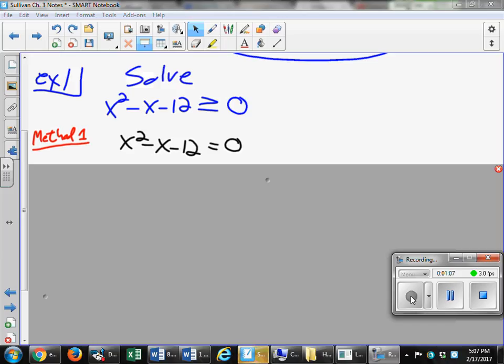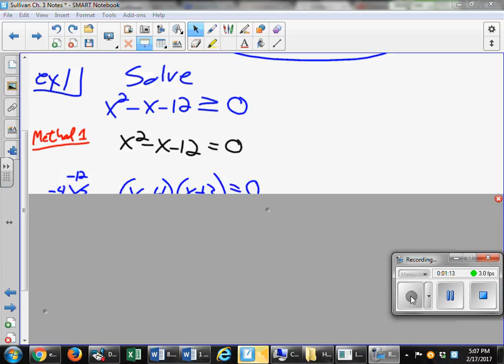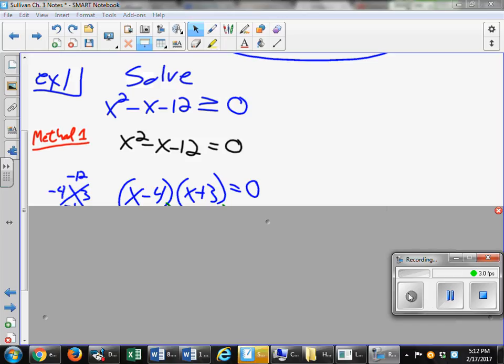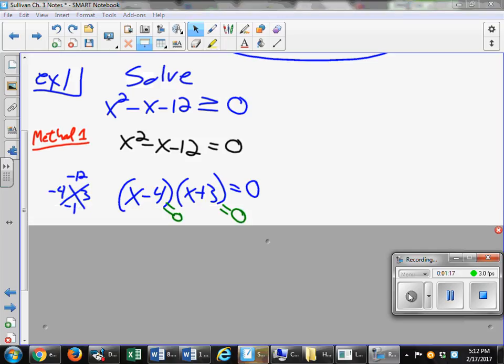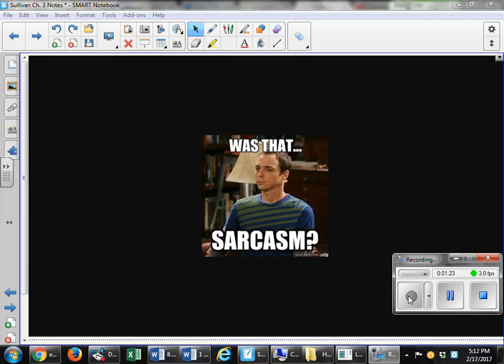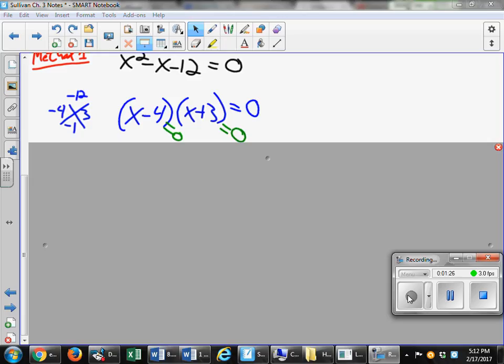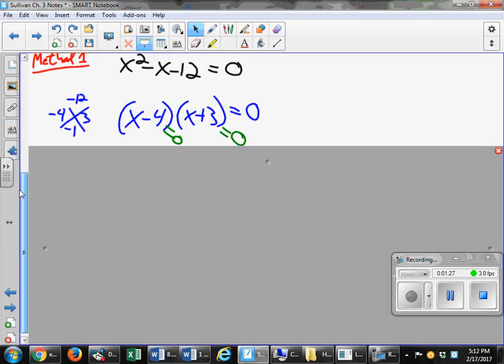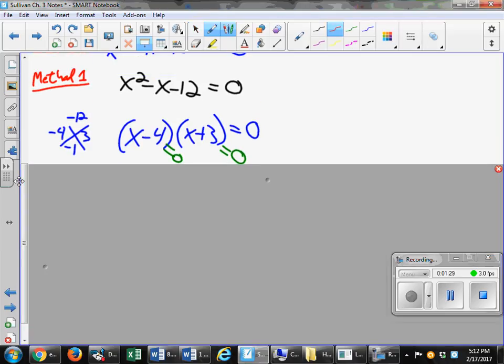So here we go. How would you solve this equation when it was equal to 0? What I would do here is factor it. And again, apparently if you can't factor, you can't do advanced math. The leading coefficient is 1, so we can use the diamond-only poster right above here.